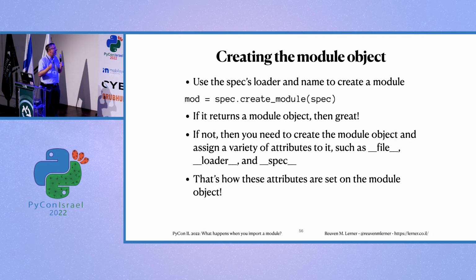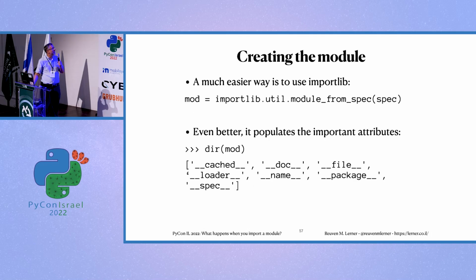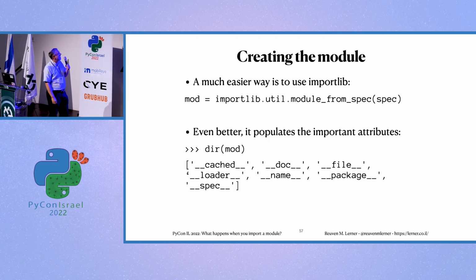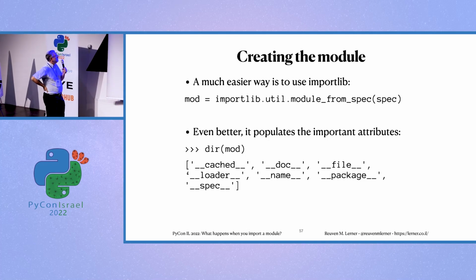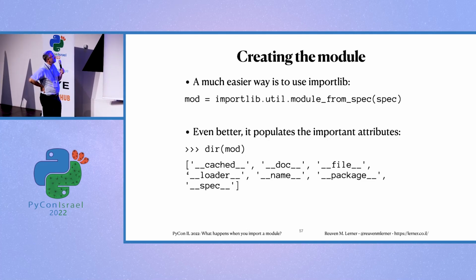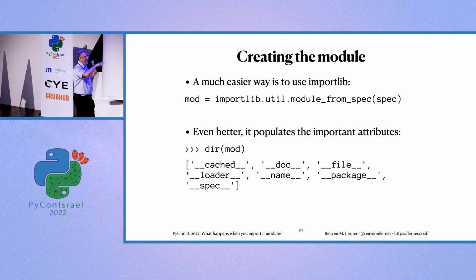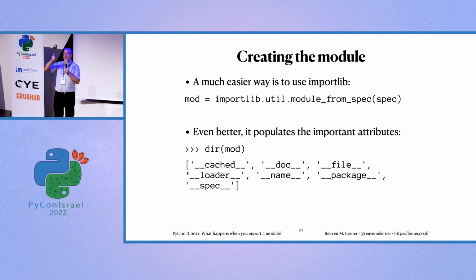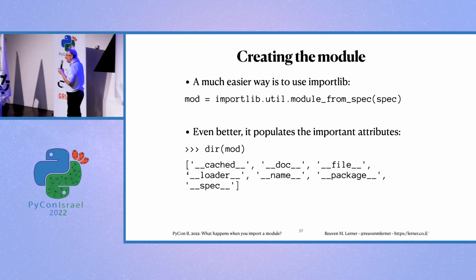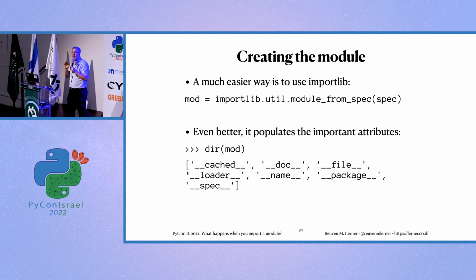You have to say its __file__, its __loader__, __spec__. But there's a way easier way to do this. Remember importlib? We can say importlib.util.module_from_spec. And what does this do? It takes our module spec, which tells it where the file is and how to load it, loads it up and turns it into a module object.